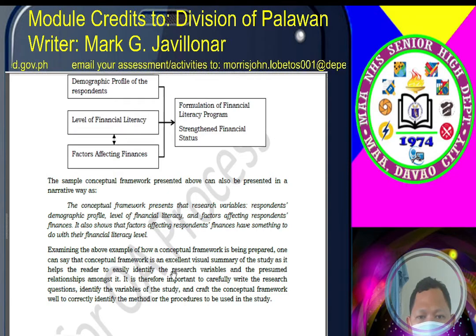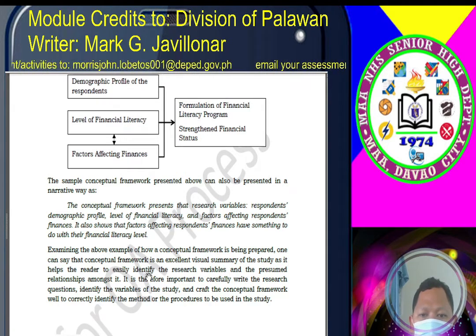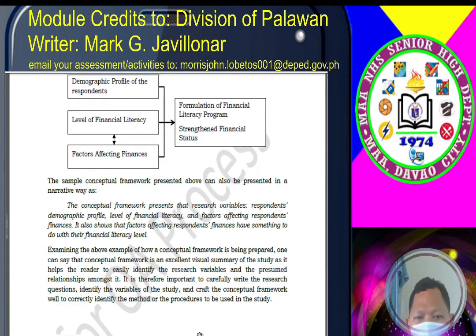Examining the sample above of how a conceptual framework is prepared, one can say that it is an excellent visual summary of the study, as it helps the reader to easily identify the research variables and presume relationships among them. It's therefore important to carefully write the research questions, identify the variables of the study, and craft the research framework well to correctly identify the method or the procedures used in the study.